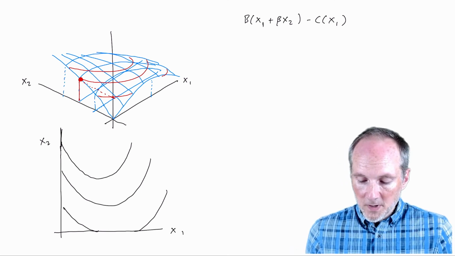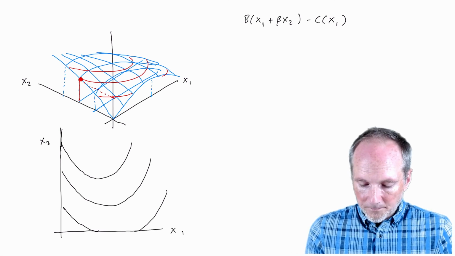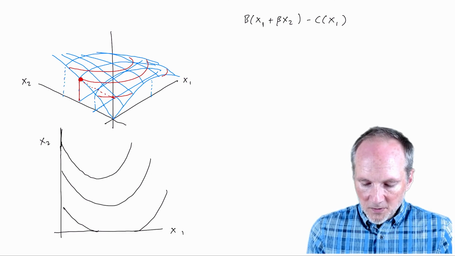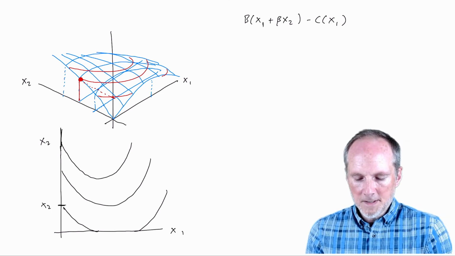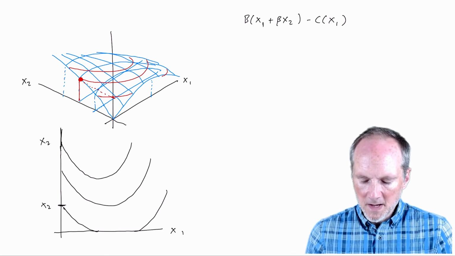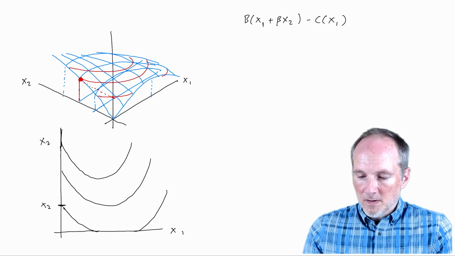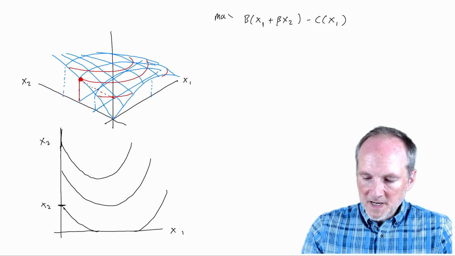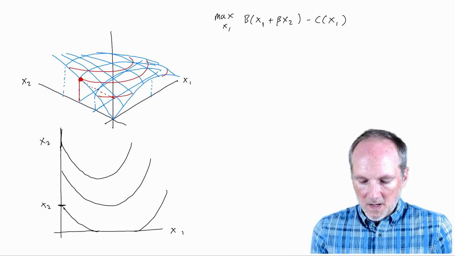All right, so suppose person 2 is choosing this amount of this activity level, this x2 here. Think about what person 1's maximization problem is.